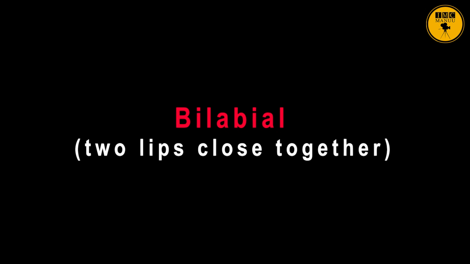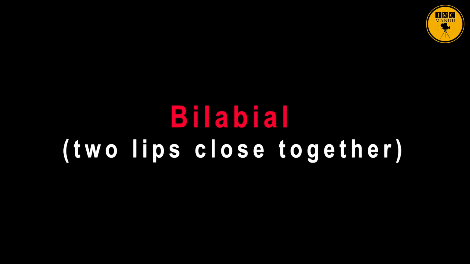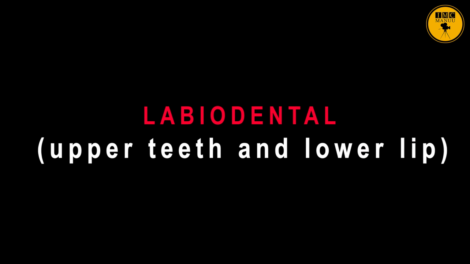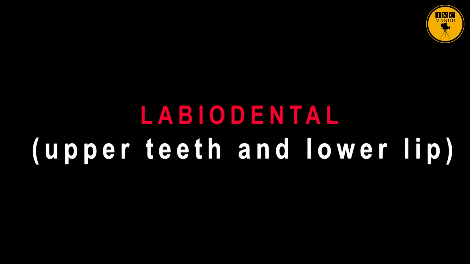We have noticed how each of the terms that are used in the description of these places are almost self-explanatory. For example, when we say bilabial, the two lips coming together, or labiodental, the use of the lips and the teeth. Similarly, all the other places of articulation.